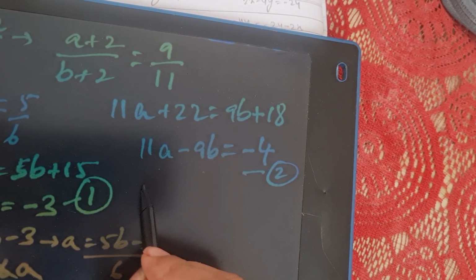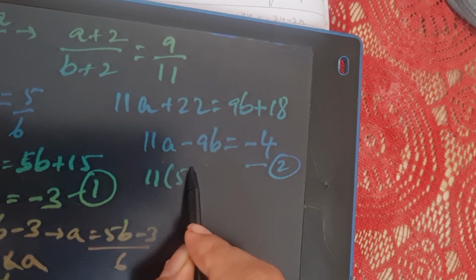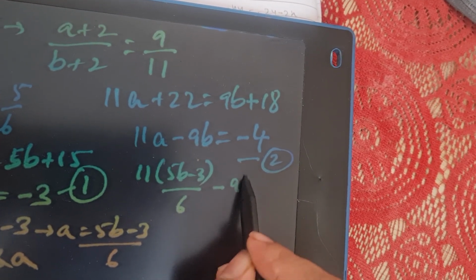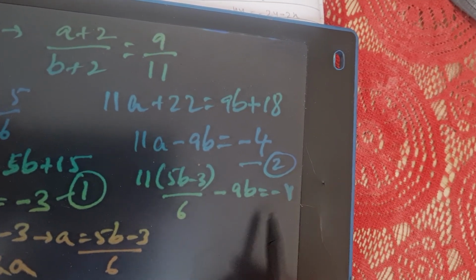Now putting this value in, 11 times 5b minus 3 by 6 minus 9b is equal to minus 4.